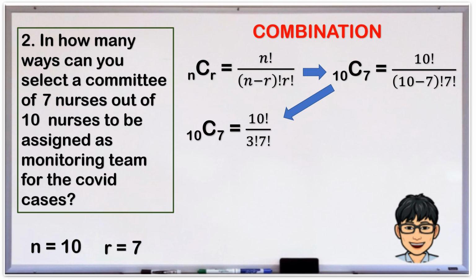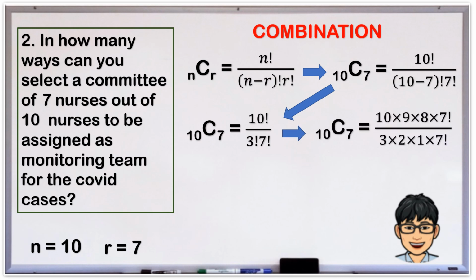To simplify this, we have 10 times 9 times 8 times 7 factorial divided by 3 times 2 times 1 times 7 factorial. Next, let us now divide 7 factorial by 7 factorial, and that is equal to 1.